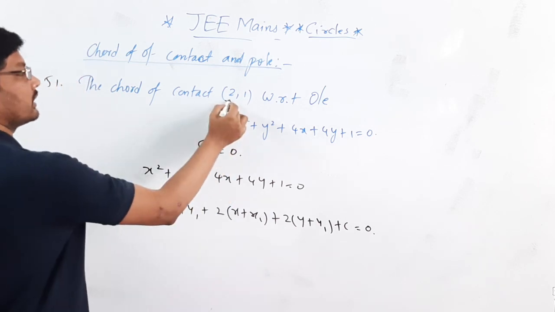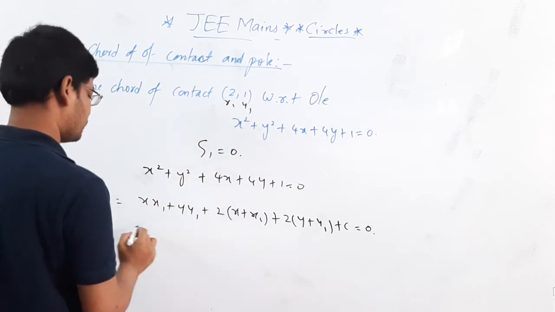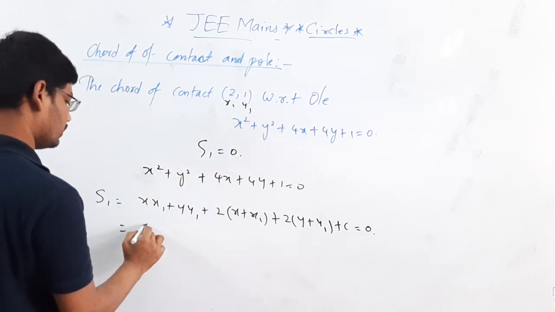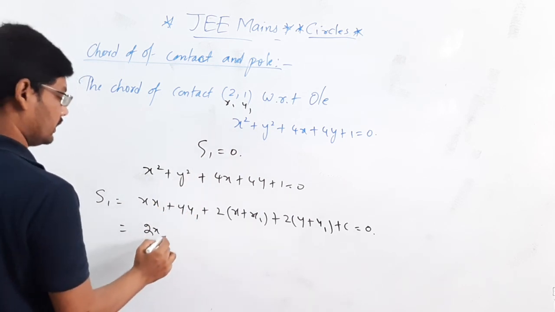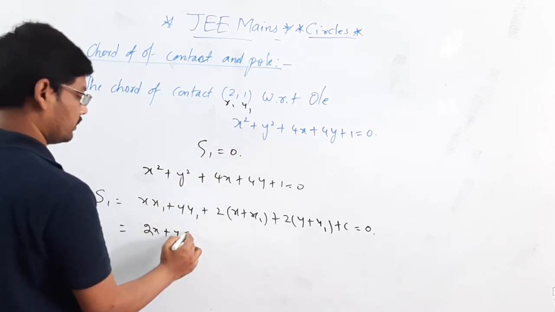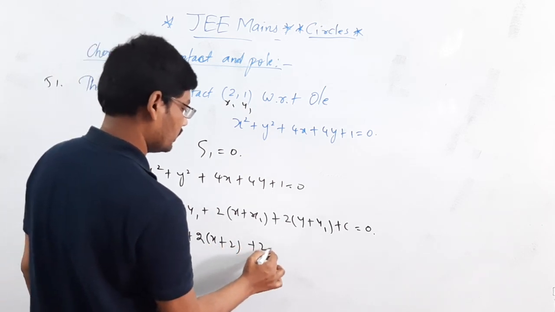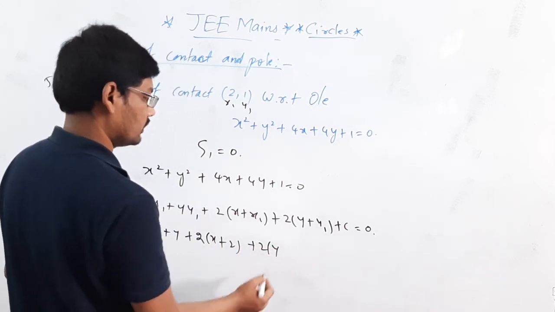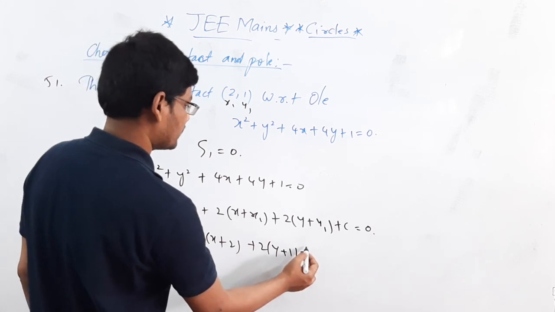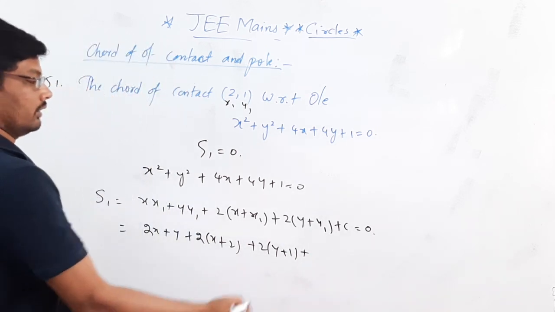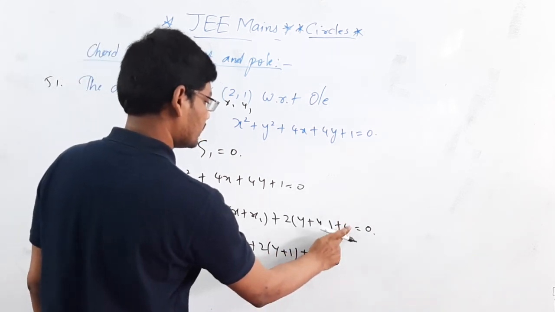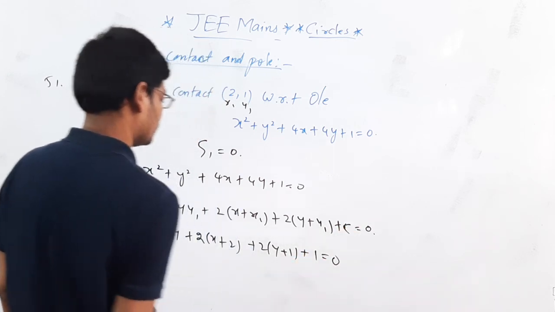Here this is x1 and y1, so let's substitute the values: 2x plus y plus 2 into x plus 2 plus 2 into y plus 1 plus c, and this is c only, is equal to 1.